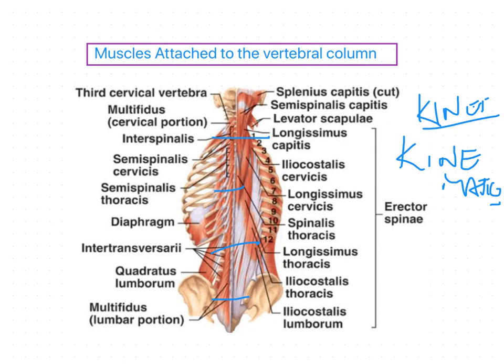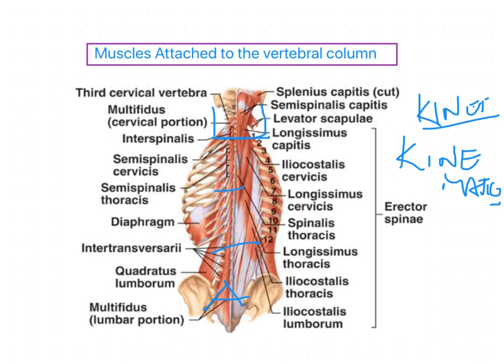The pelvis is not a part of the vertebral column, but there is the attachment of the vertebral column through the sacroiliac joints and its relationship with the lumbar region. So we are going to discuss the sacroiliac joints in the sacral region, and also the muscles related to the sacral region.